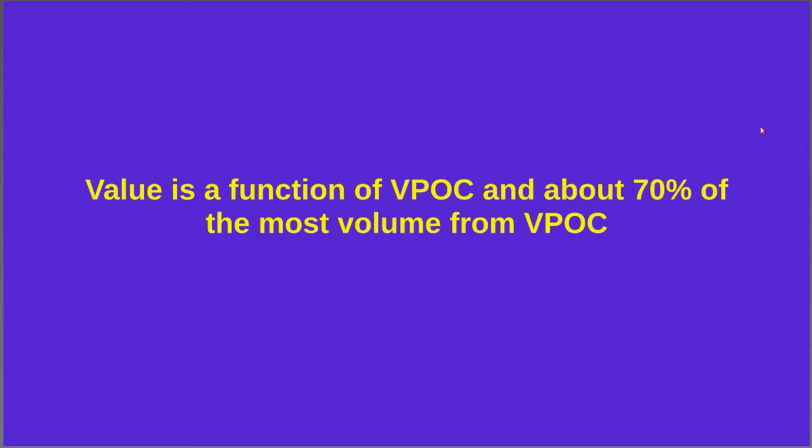Sometimes you'll see VPOC towards the bottom of the value area, sometimes at the top, and sometimes in the middle. Given where VPOC is relative to the value range, it tells you something. If VPOC is at the top of value, above VPOC there wasn't a whole lot of interest, and the majority of the interest was below VPOC down to value.